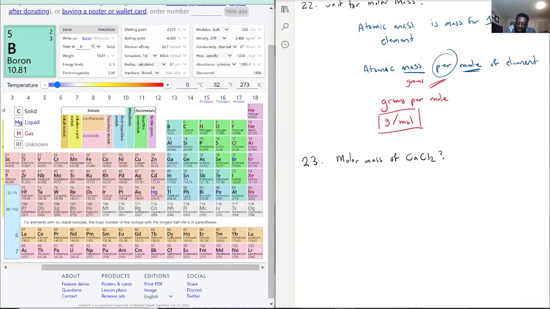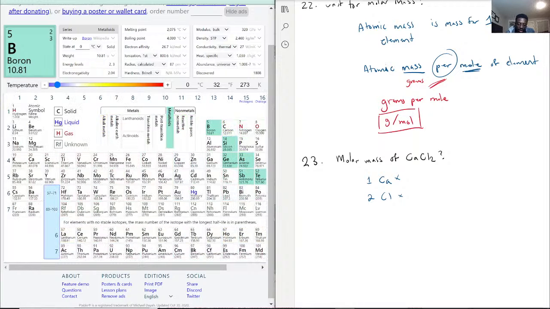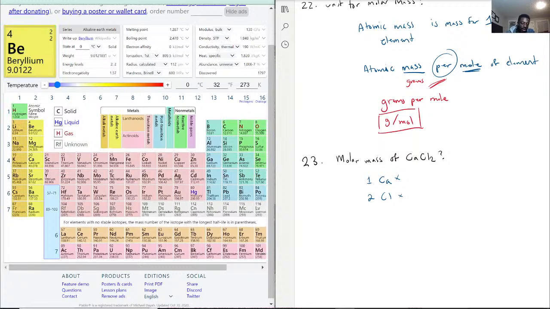Write down your constituents: how many calciums we have, and how many chlorines we have. Calcium we have 1. Chlorine is 2. So now that we know the constituents, we multiply that by its molar mass, or atomic mass from the periodic table.